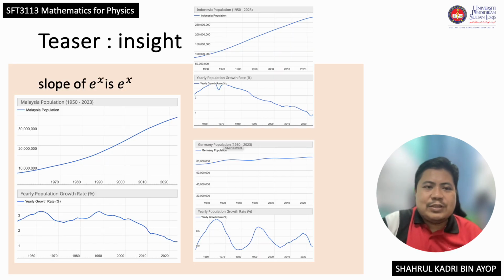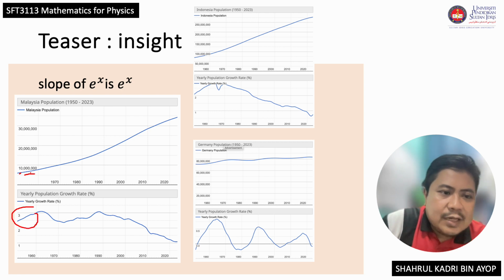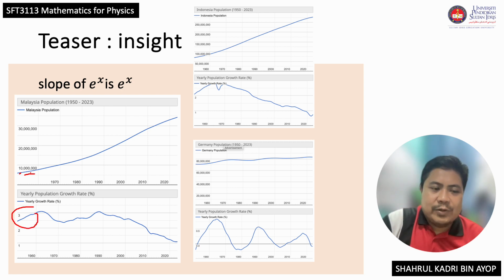So when we go into this teaser, the thing that we have in the first slide, this is the formulation for population. Is it growing exponentially? We can check its slope, because this is the growth rate.